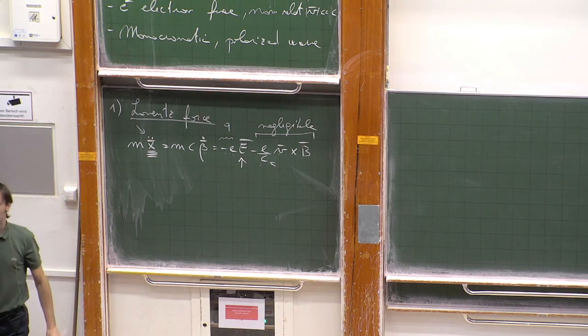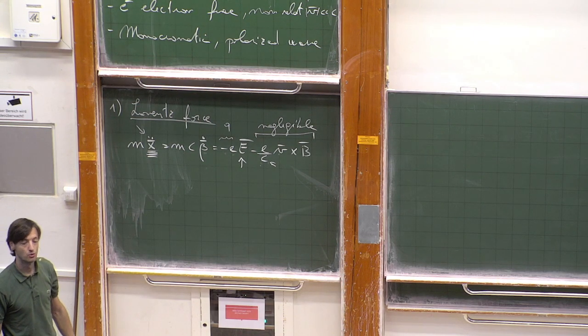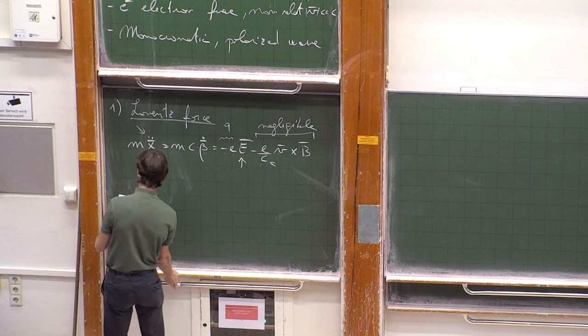And what's happening when we have an acceleration for a charged particle? Well, it's emitting radiation. We've seen that through the Larmor formula. So let's see.